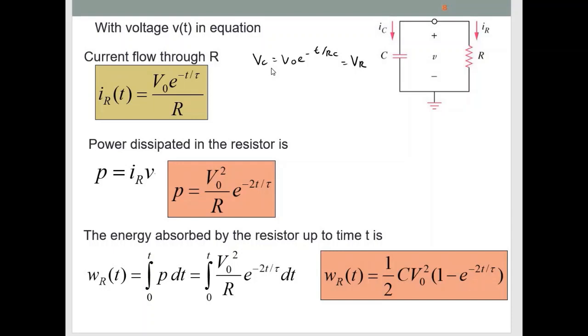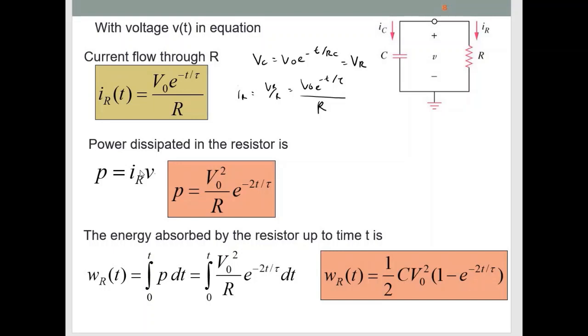So in order to find IR, we can straightforwardly apply Ohm's law, I equal to V over R, but VR here is replaced by V0 e^(-t/tau). Tau stands for R multiplied by C, and then over R. This is how the formula is derived.